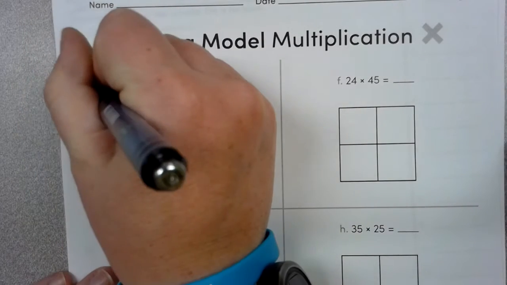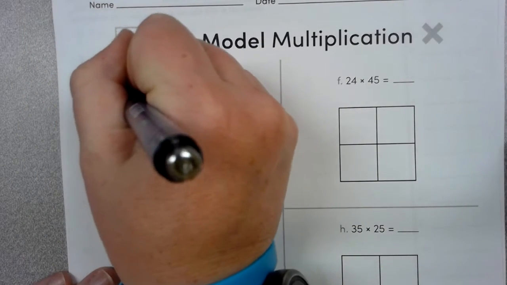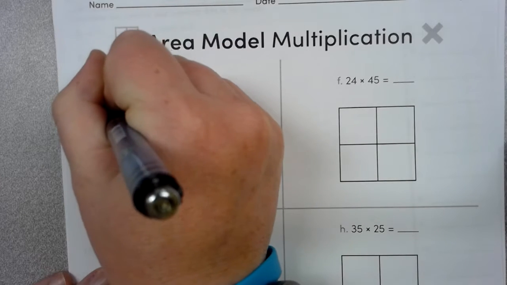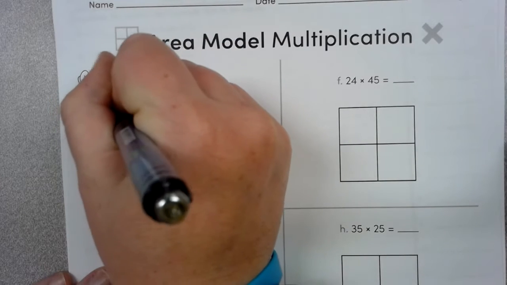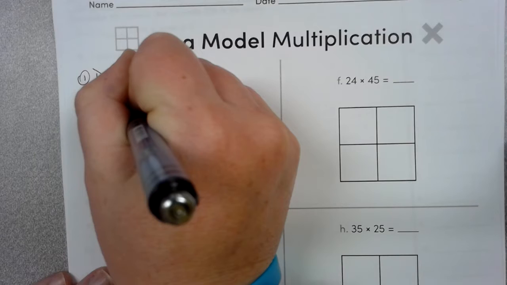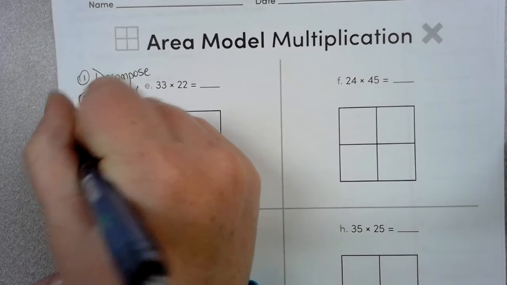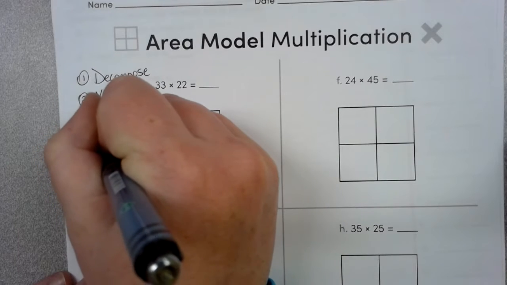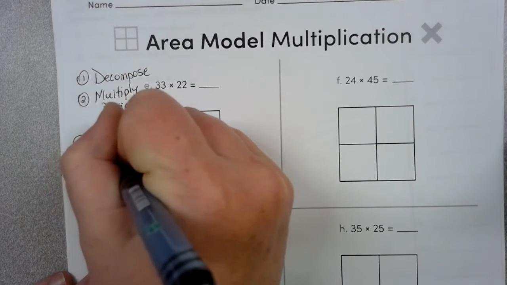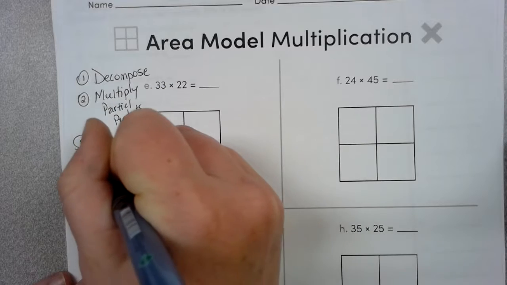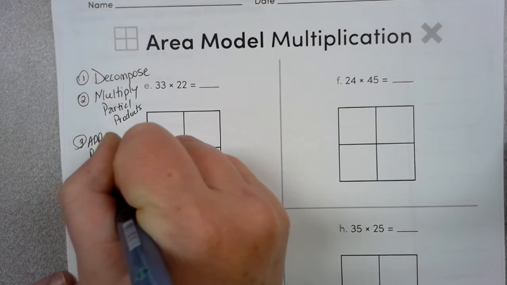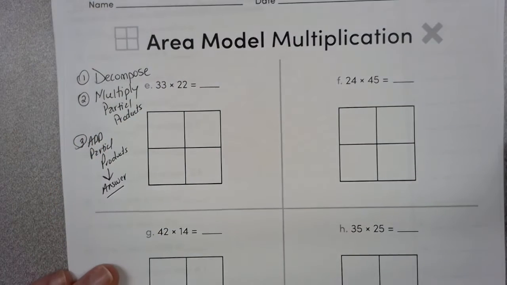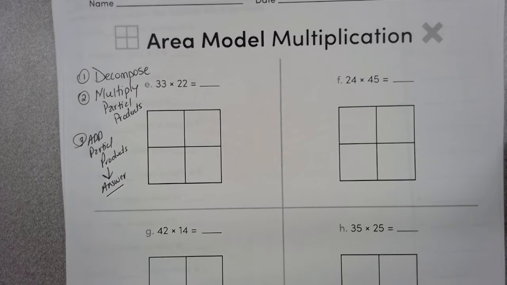Number 2, we multiply, and when we multiply, we create partial products. And then number 3, we add the partial products, and when we add the partial products, we get our answer. Okay, so that's 3 steps. DMA: Decompose, multiply, add.